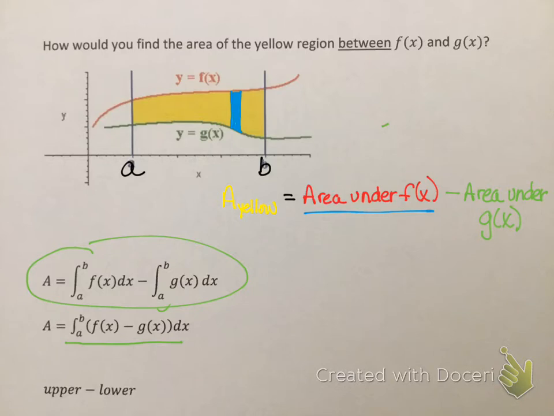Now, let's go back to my representative rectangle up here. Couple of things that we want to talk about. You remember that the area of a rectangle is its length times its width. Does it make sense to you that this distance right here is its length?